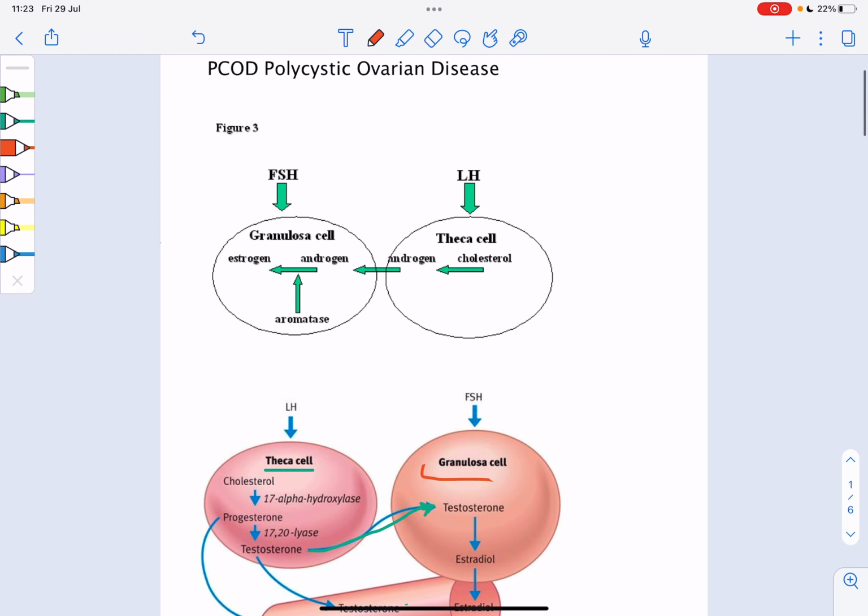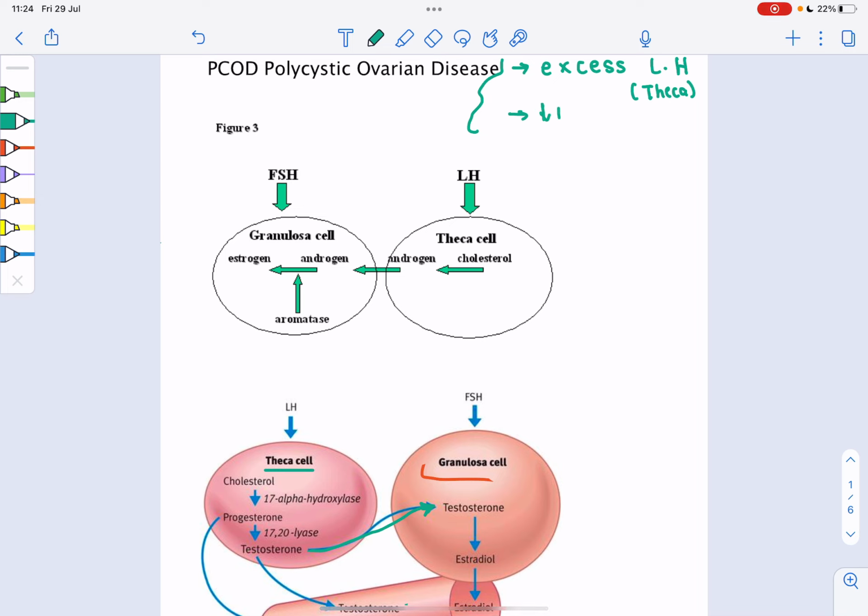Now, to understand polycystic ovarian disease, you need to know that in polycystic ovarian disease, you have excess luteinizing hormone. What does LH act on? The theca cells. And due to excess luteinizing hormone, this is the entire crux of the disease.